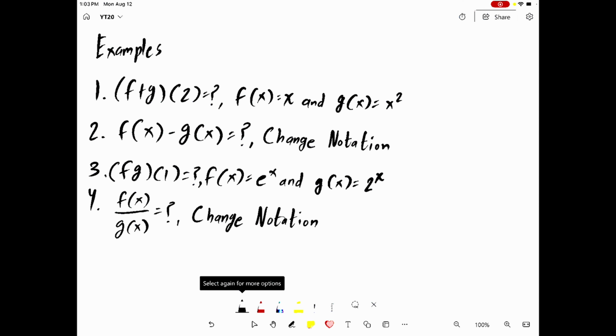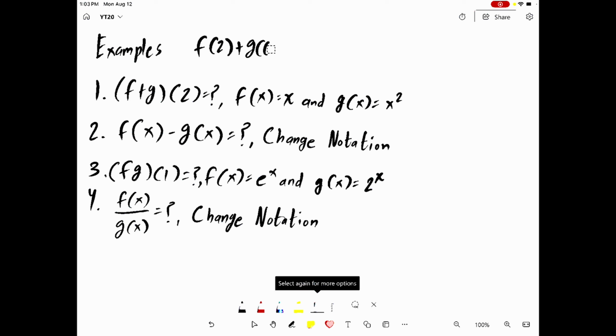For our first example, we have f plus g of 2 is what? Where f of x is x and g of x is x squared. Well, I'll show you how to do it. Since f plus g of x is equal to f of x plus g of x, that's equal to f of 2 plus g of 2.